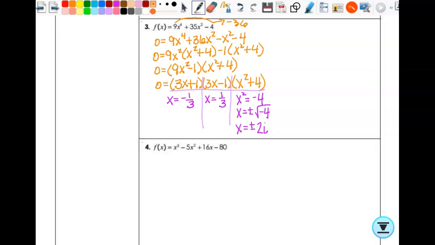Okay, so I'm going to use this for my factorization. So I'm going to write all 4 of them out instead of using my plus or minus. So I will have a negative 1/3, a positive 1/3, a negative 2i, and a positive 2i.